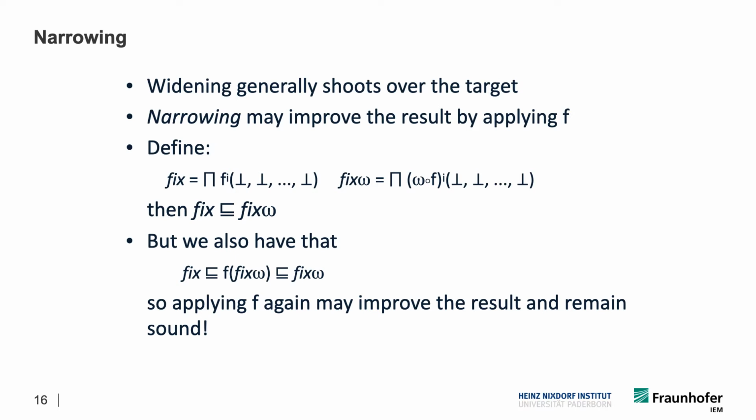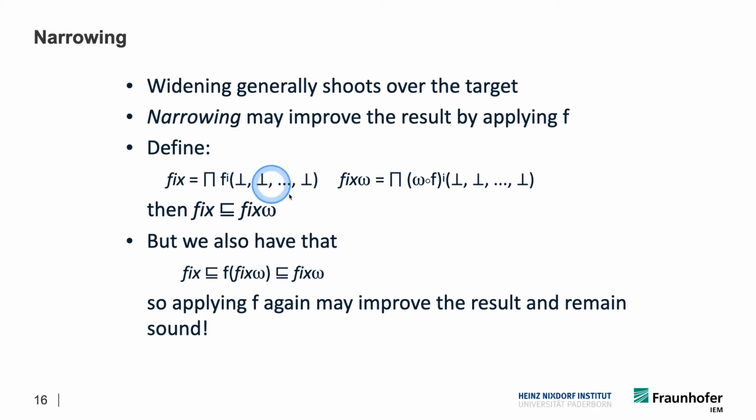So narrowing may improve the results of the widening by actually applying f again. So let us take a look at the following definition. So we have the regular fixed point, which is basically defined through our MFP solution. So we are applying repeatedly f to all the different values obtained for every single statement, where we initialize everything at the beginning with bottom.